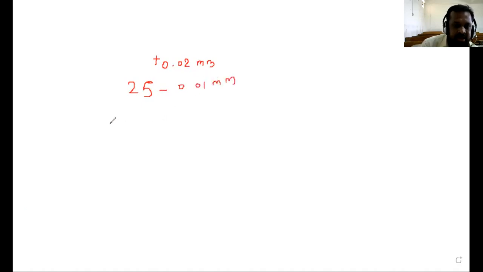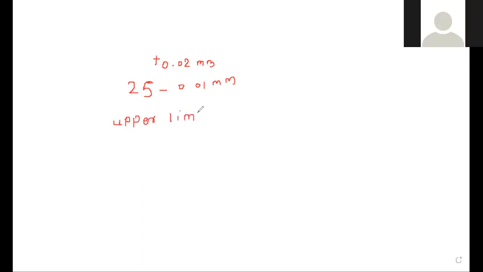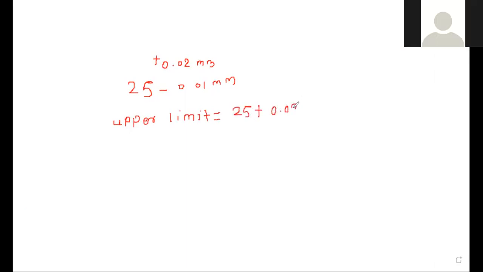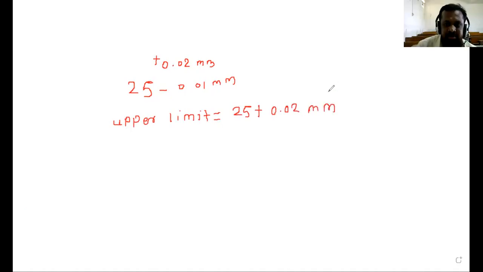Then tell me, what is the upper limit for this? 25.02 mm. Upper limit means maximum. How to calculate it? 25 plus 0.02 mm. It is called the upper limit because it is the maximum value.